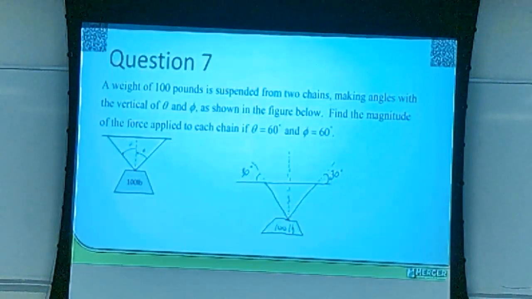So not only am I going to treat that weight as a point mass, I'm also going to treat it as though it's the origin. There's my point mass, in my imaginary coordinate system.